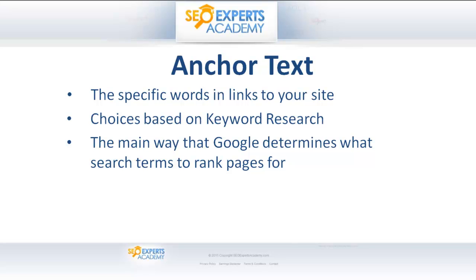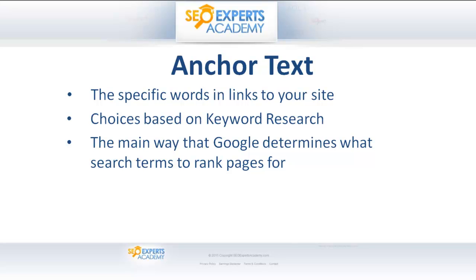Another reason why anchor text is so crucial is because this is the main way that Google determines exactly what search terms to rank particular pages for. If we remember that Google ranks individual pages and not sites, the links that go to every single page will be a very important signal to Google on what that page should rank for.